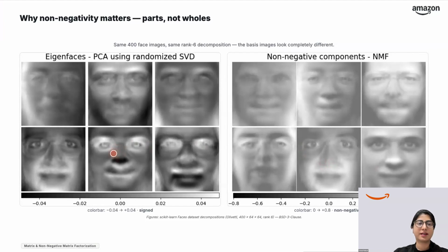We can see that with the example of the eigenfaces that we saw before. Suppose that when we are using PCA, the nose is sort of negative. What this principal component will try to do is remove this information from the matrix. But if we do non-negative matrix factorization, then all the components are additive.